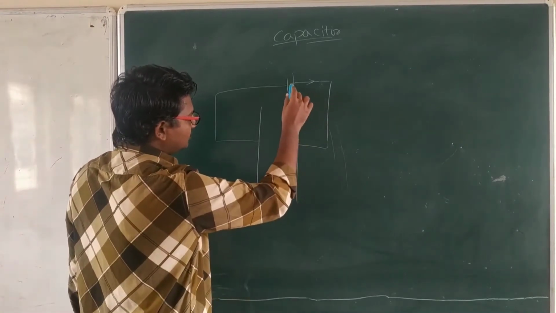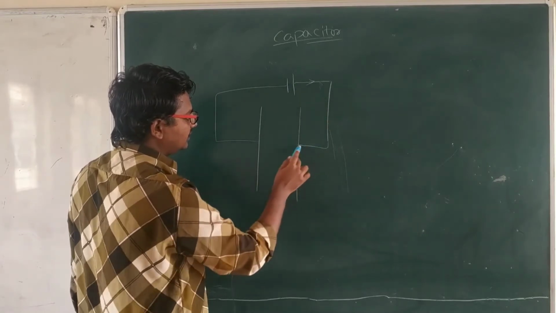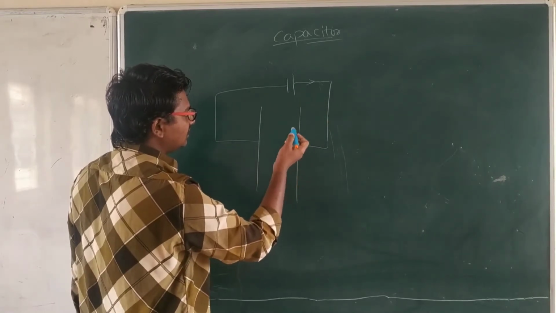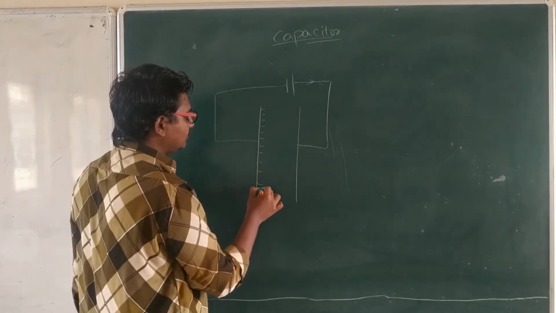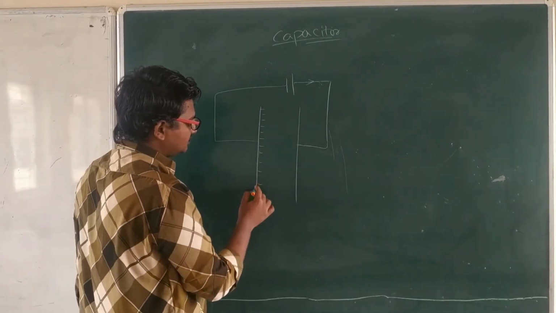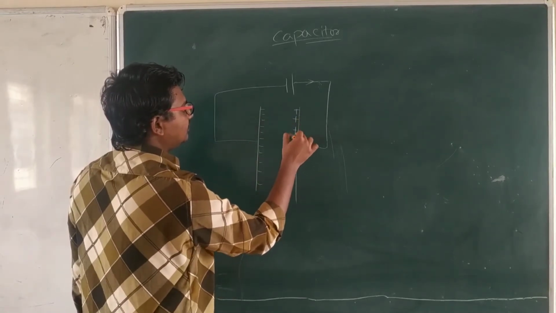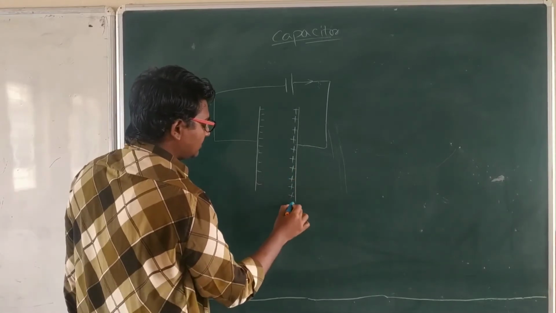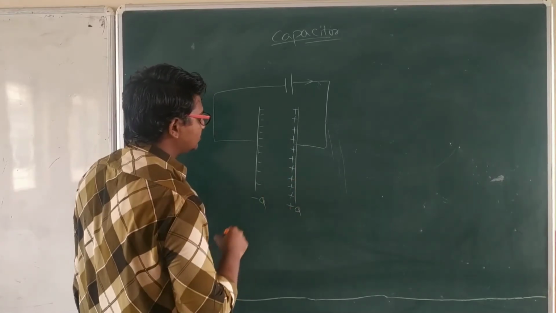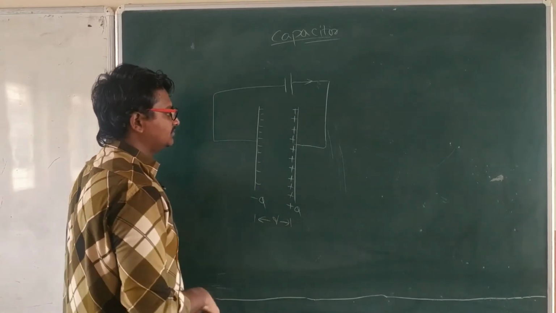Here, as you connect to a battery, the current will move from here to here, and in the opposite direction electrons will be moving. Because of that, we are going to observe negative charge on this plate, and here positive charges we are going to observe on this plate. Here plus Q and here minus Q charge is formed, and the distance between them is small d.